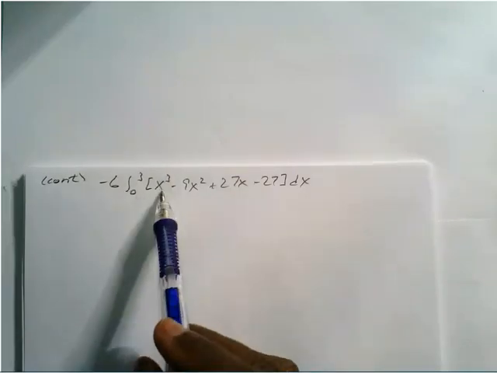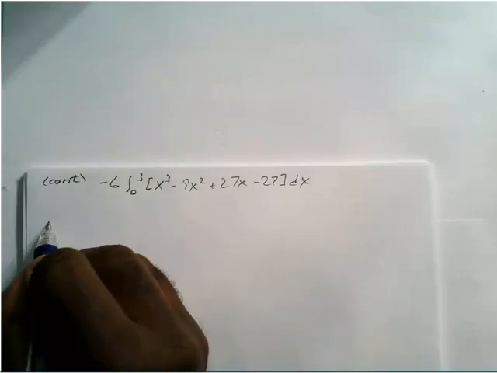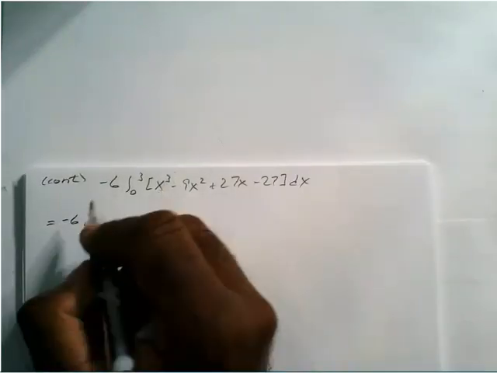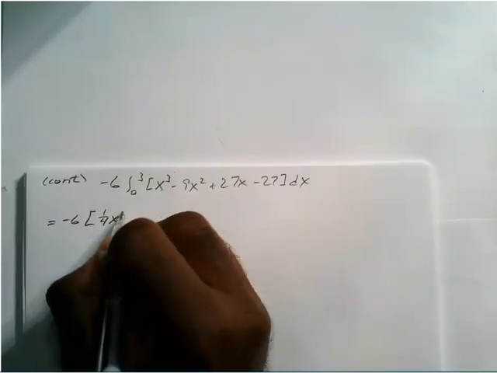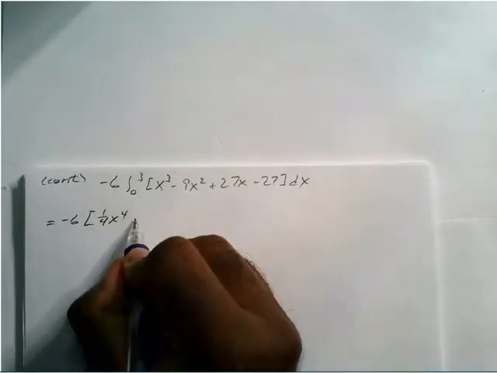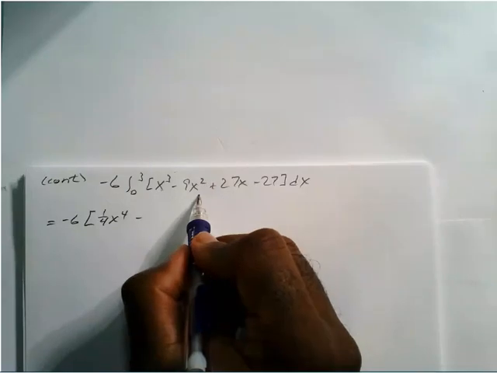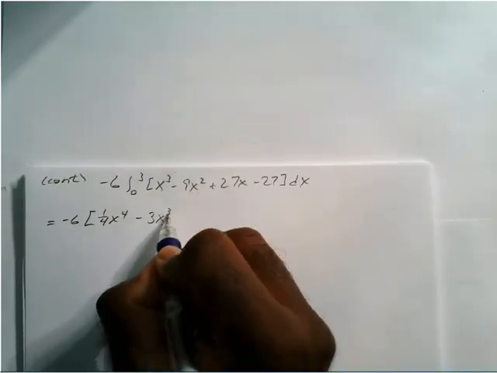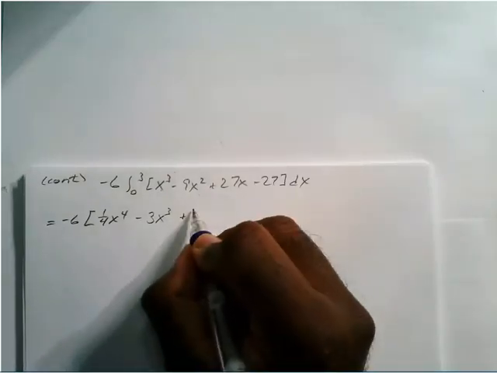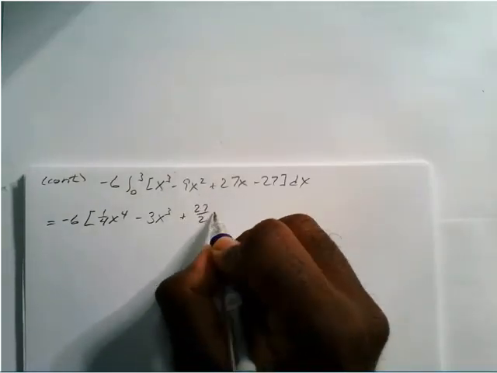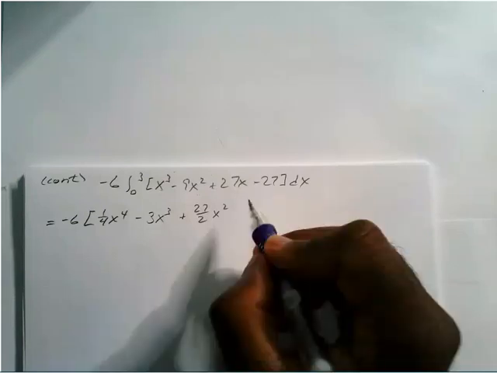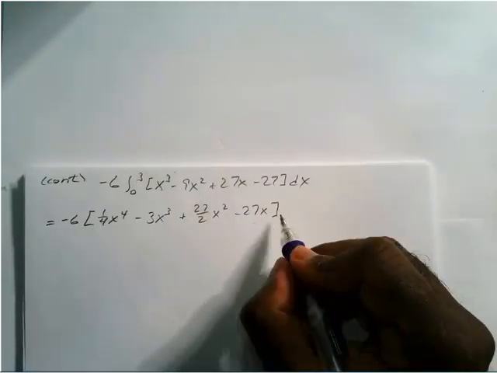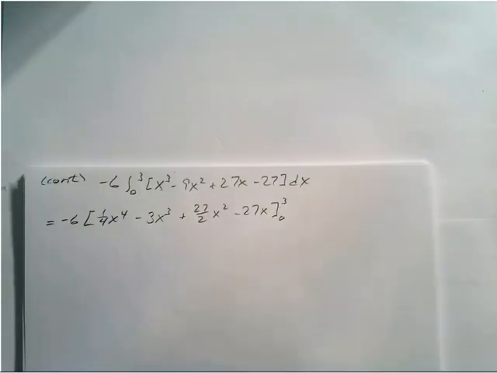All right, so if we go ahead and integrate each one of those terms, that's negative 6 times x to the fourth over 4, or 1/4 x to the fourth, minus x to the third over 3, the 9 and 3 cancel, so that's 3x to the third, plus 27 over 2 x squared minus 27x, and remember that's from x equals 0 to 3.